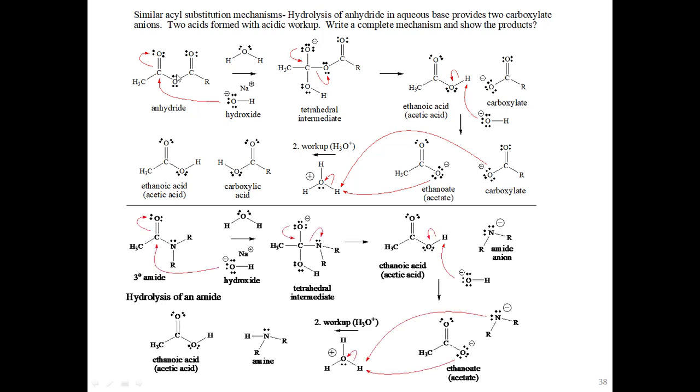For the amide, we would do sort of the same thing. We take the hydroxide, we attack the carbonyl, push up, push back and kick off the nitrogen minus. Now this is going to be a little slower elimination on this one, because the O minus would be favored because oxygen's more electronegative. But if we force it a little bit, then once in a while the N minus can leave.